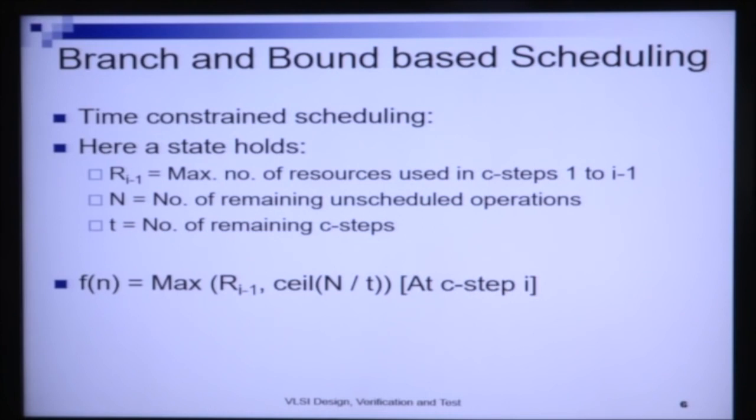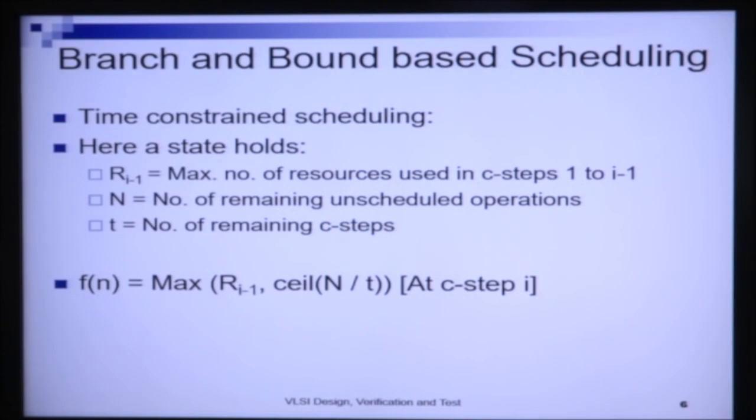Our choices will be allocating each operation to a distinct resource. I may allocate an operation to a resource, I may not allocate an operation to a resource. And the other things we discussed for the branch and bound remain the same: if all my operations at a particular time step get exhausted, I need to increment time to get back any resource that I have. So at any point in time, this branch and bound here will keep an account of the maximum number of resources that has been used in steps 1 through i minus 1. Why?